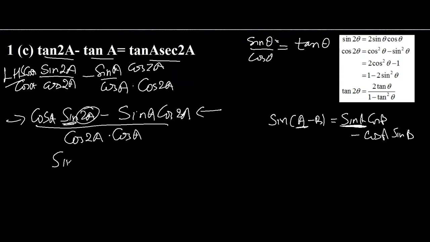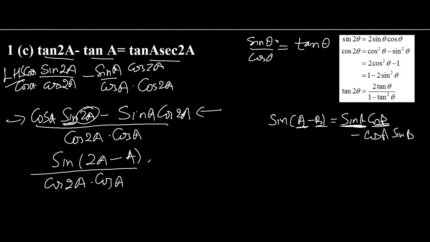So it becomes sine 2a minus, and then b is what is with the cos a, over cos 2a cos a. Now what does this give us? Sine a over cos 2a cos a.